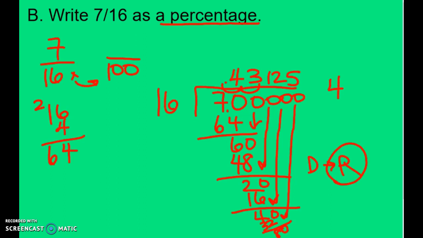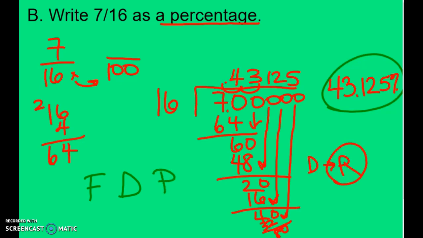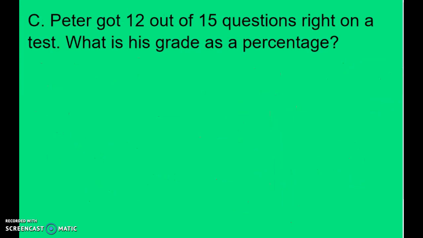So our final answer would be 43.125%. Okay? So it's 2 steps on that. We go from a fraction to a decimal to a percent. Okay? The only time we can go from a fraction to a percent is going to be when it's those easy conversions to 100.